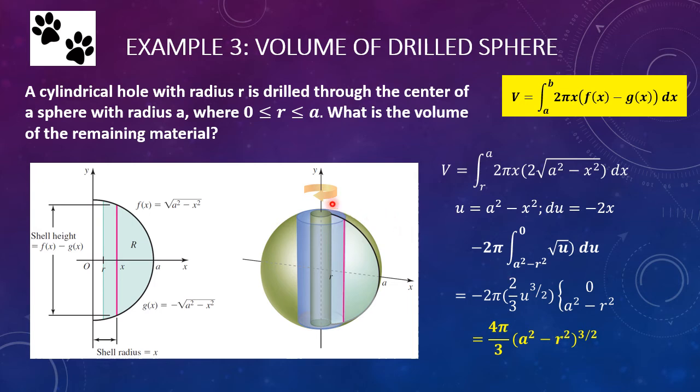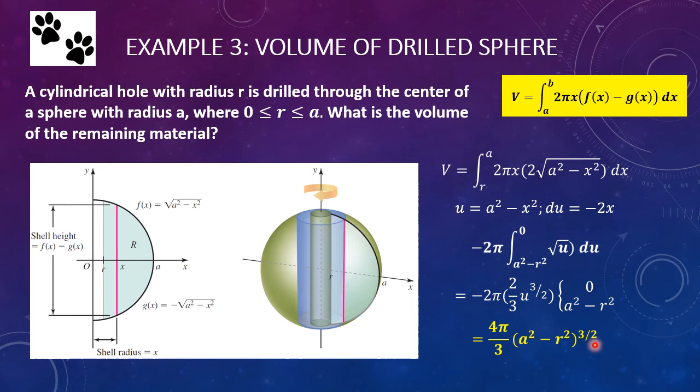You might recall that the volume of a sphere is equal to 4/3 pi radius cubed. So if we make the radius of the hole 0, like if there is no hole, notice what happens. We get 4/3 pi a squared, taking the square root of that is a raised to the 3rd power, we get 4/3 pi r cubed.